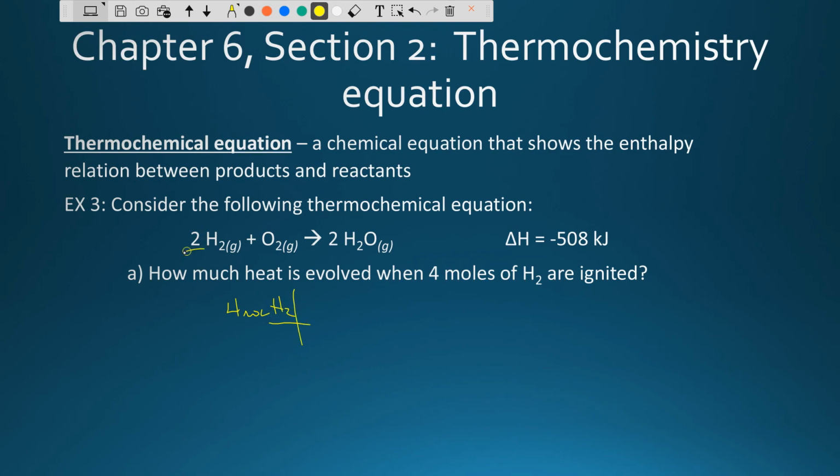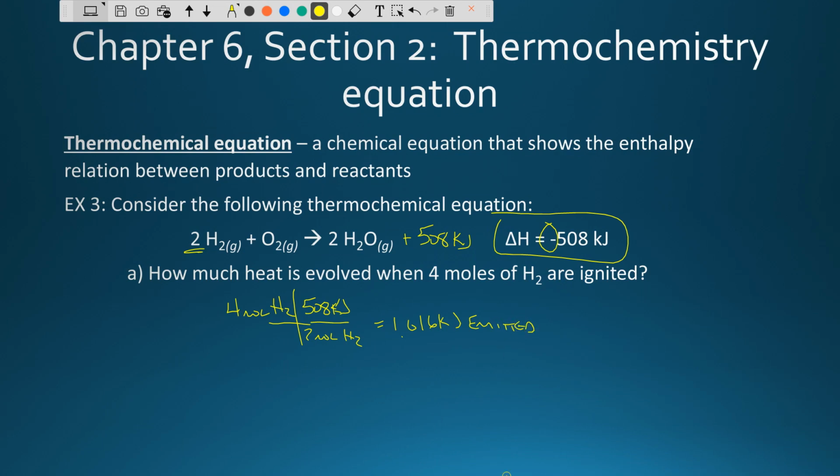And I see I have a ratio of 2 moles of hydrogen, and they tell me my delta H is 508 kilojoules. Now this negative in front just means that this is going to be a product, 508 kilojoules. Okay, don't give a negative value here. It just tells me that it is a product. And so I end up with 1,016 kilojoules emitted.